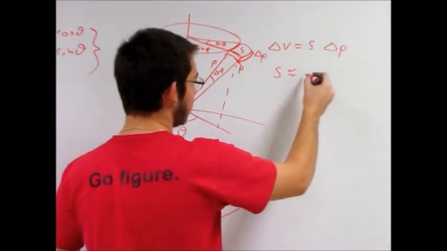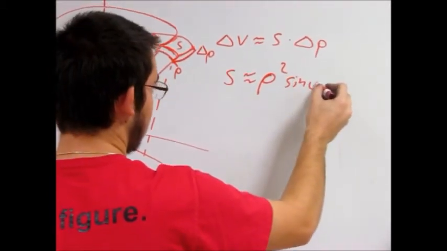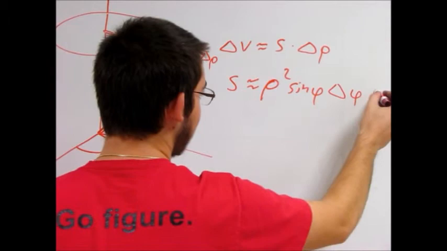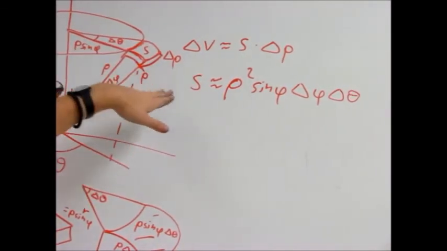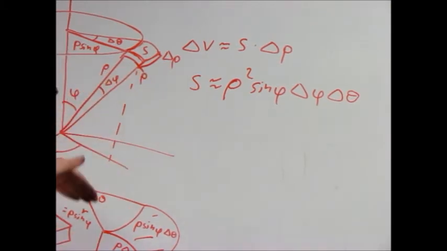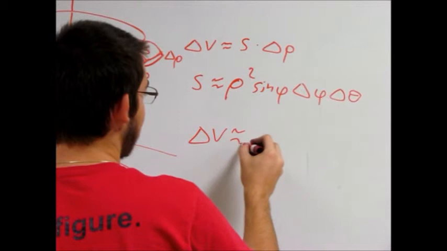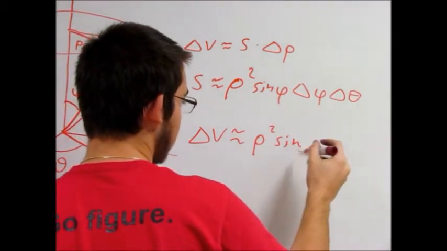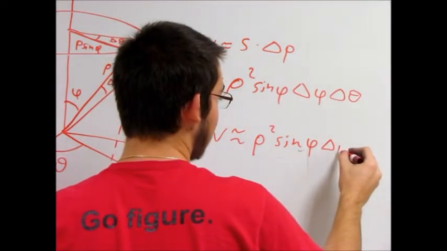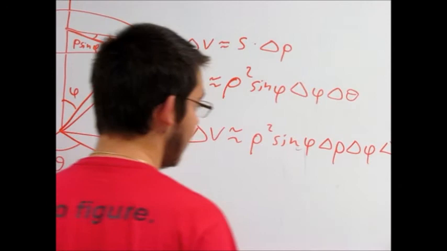So rho times rho is rho squared sine phi delta phi delta theta. And of course, this times the delta rho to make it a volume gives you your final delta V approximated by rho squared sine phi delta rho delta phi delta theta.